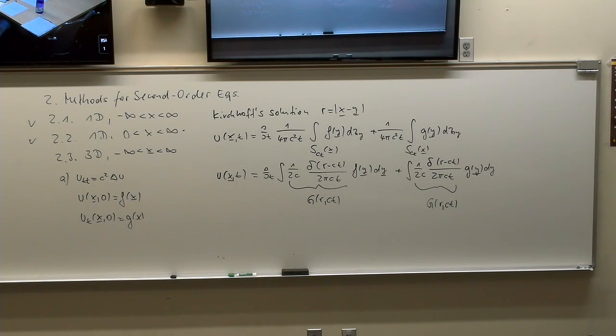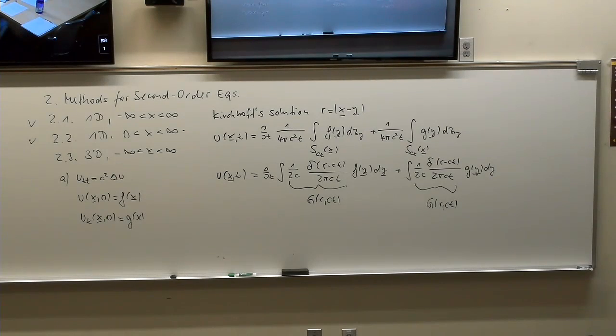So we talked about Kirchhoff's solution, and we talked about the two readings of this solution. In one of the homework problems, it made a difference which solution you use.